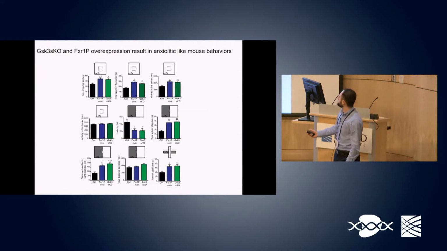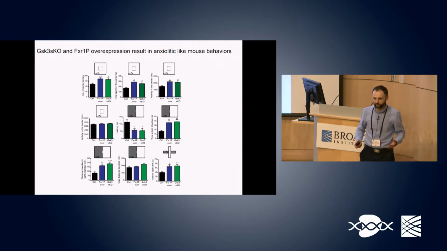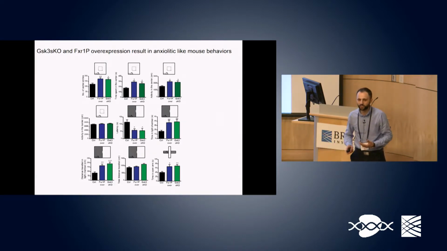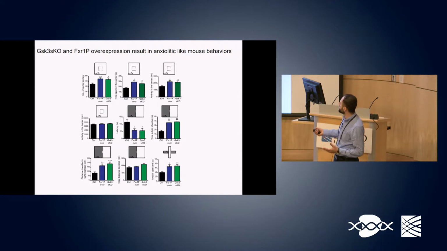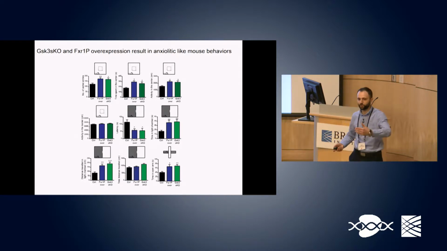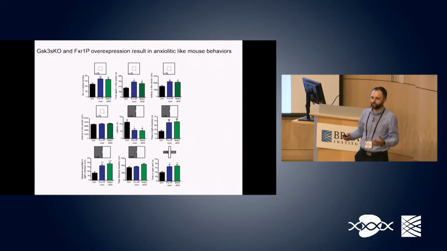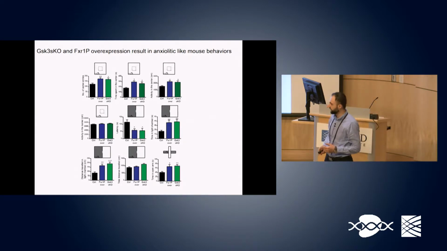Next, we performed various behavioral studies in mice that were lacking GSK3 or overexpressing FXR1. In this case, we performed anxiety-related tests, and we find that with these modifications, where the mice overexpress FXR1 or are devoid of GSK3, those mice had less anxiety. Another way to say this is that they were more emotionally stable. This correlated very well with human studies.